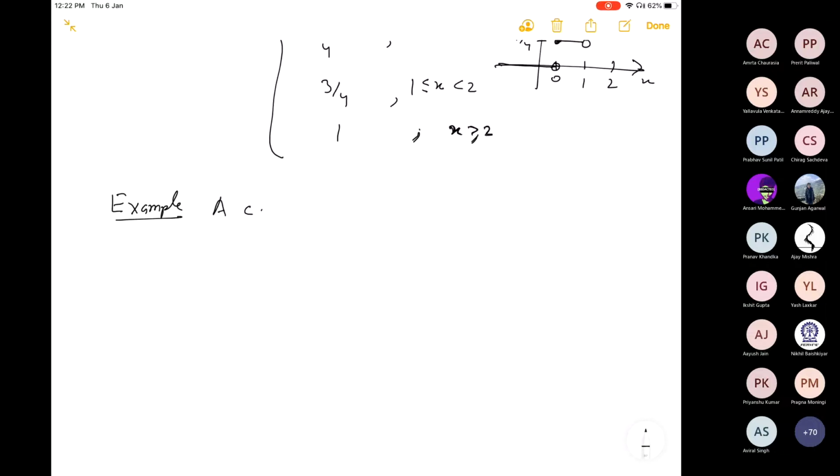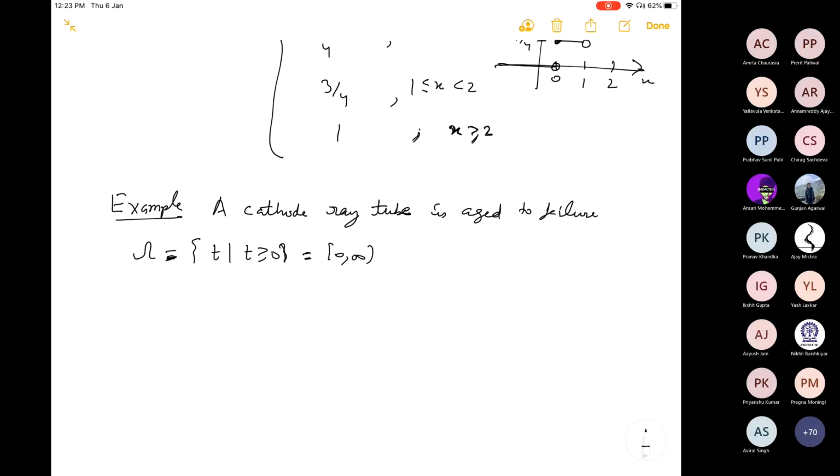A cathode ray tube is aged to failure. Omega is T such that T is greater than or equal to 0, which is 0 to infinity.